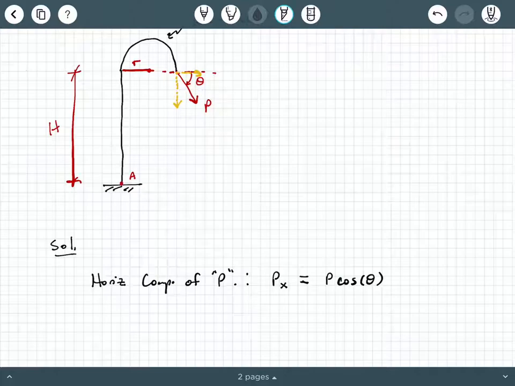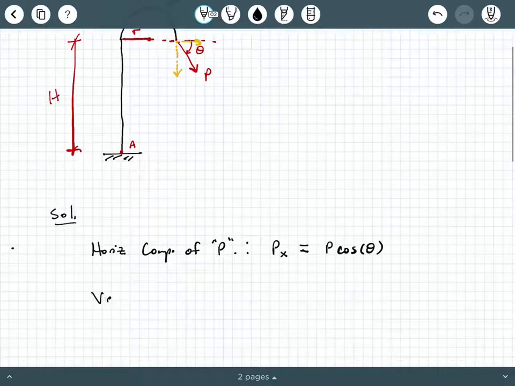If you don't believe me, just test it out in your calculator. If you type in cosine of some number bigger than 90, let's say 100, you're going to get a negative value, and that negative value, whenever theta is bigger than 90, is going to account for the fact that P would be somewhere over here, and then its x component is somewhere right here. So the sign will take care of itself.